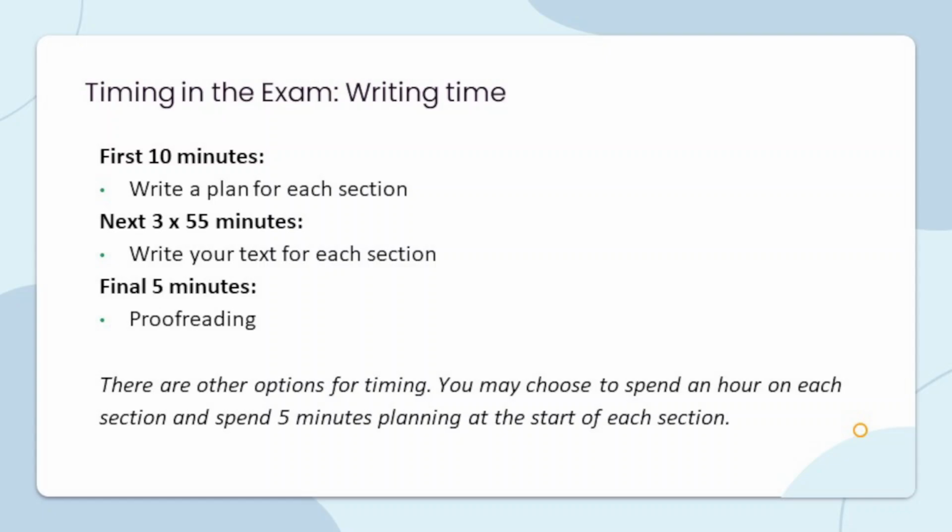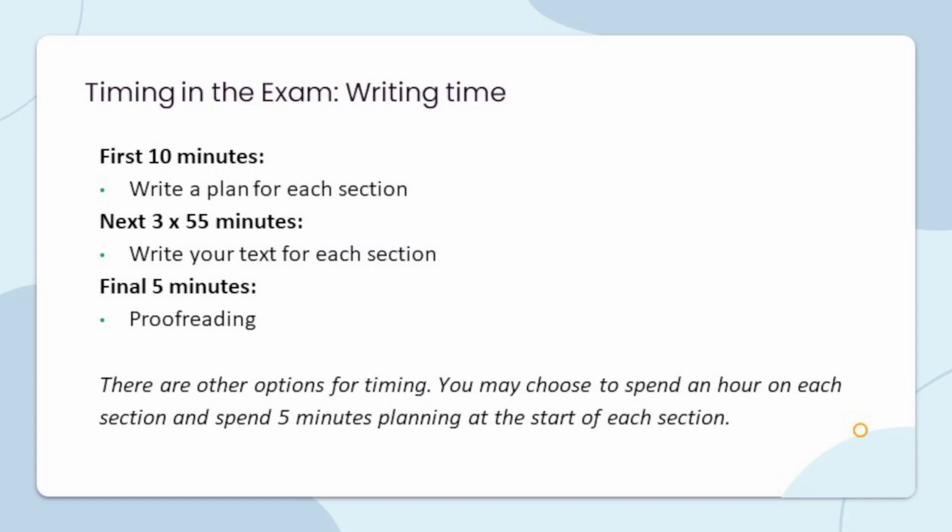And then I recommend final 5 minutes proofreading time. Some students won't need the proofreading time as much as other students. You know how you write, you know where your strengths are. When your examiners are assessing your exam, they are reading it as a draft.